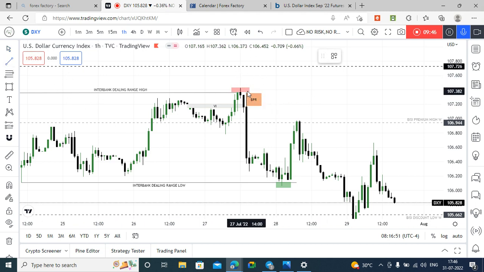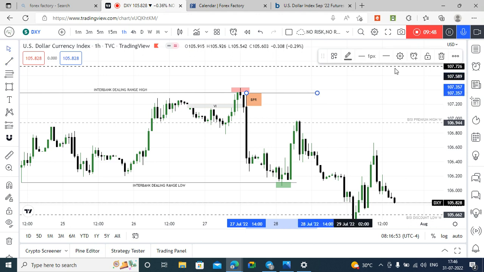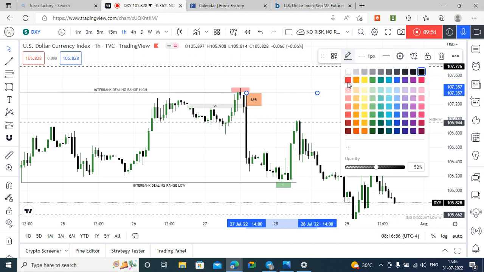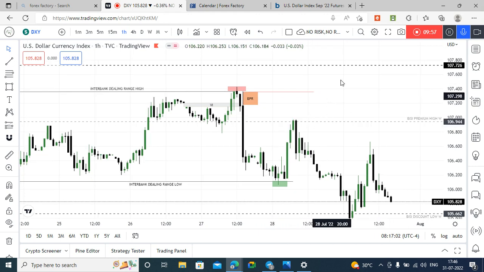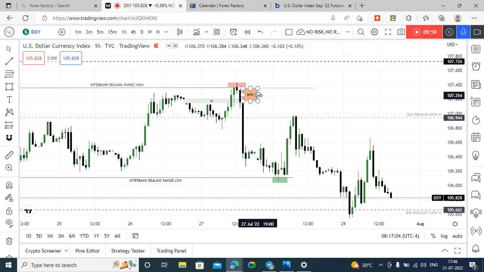So I put a red color line, okay. If price breaks this type of level, you can expect price will move higher. Okay, this is the meaning. And when you see this type of BPR range level, you can expect price will not move above this high.